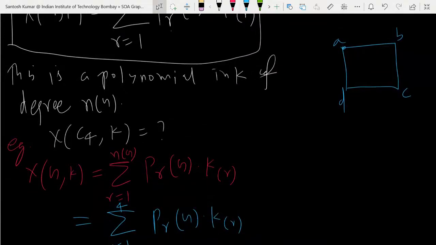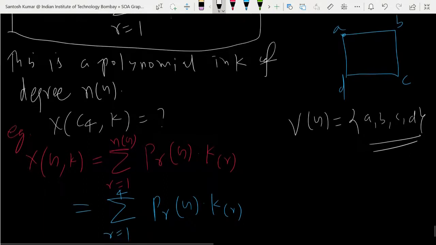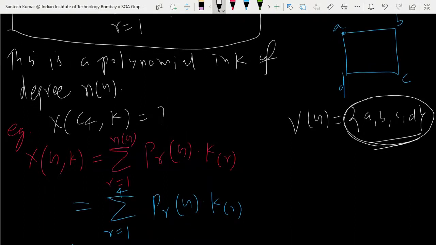Can you partition the vertex set into one class? Partition means independent sets. So vertex set of G as just one class is A, B, C, D. Is it independent?